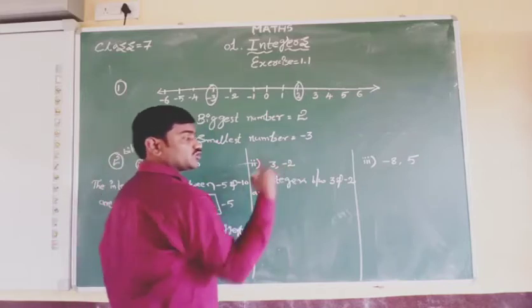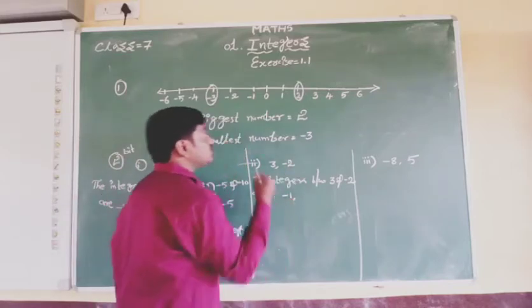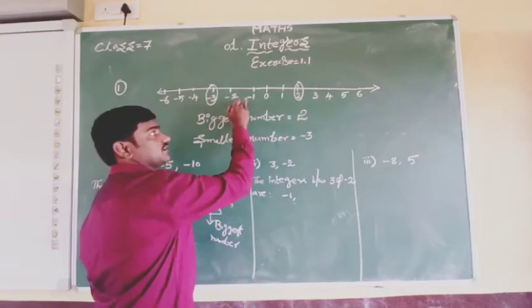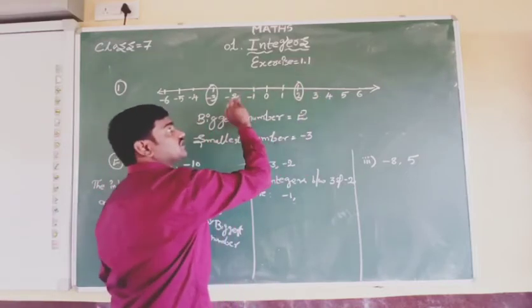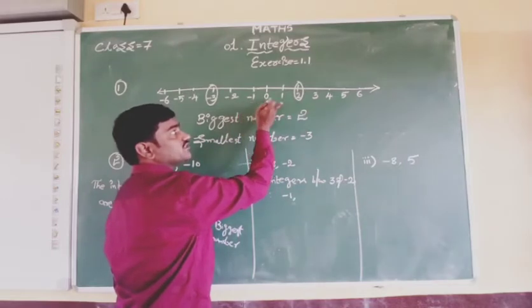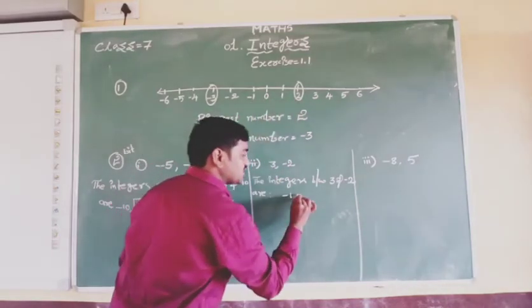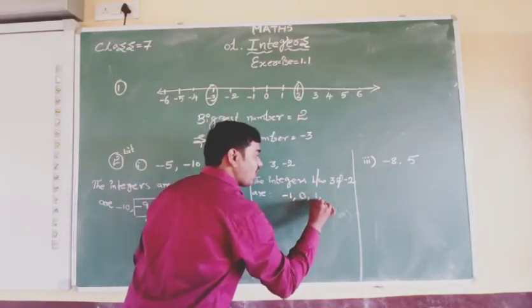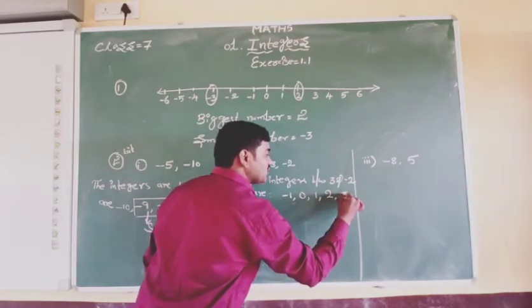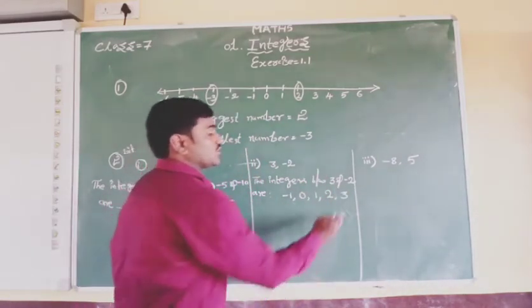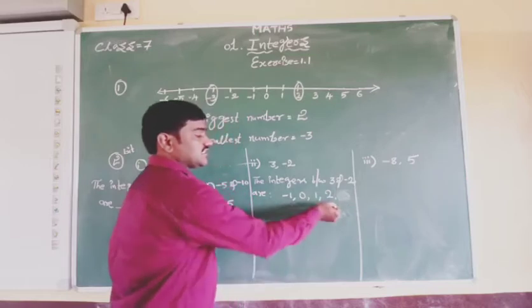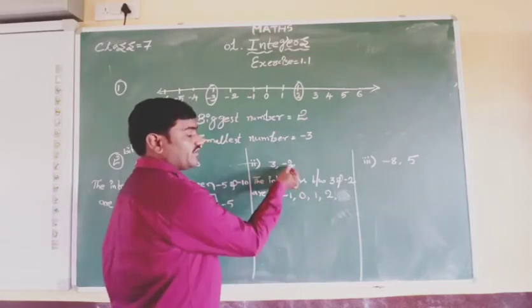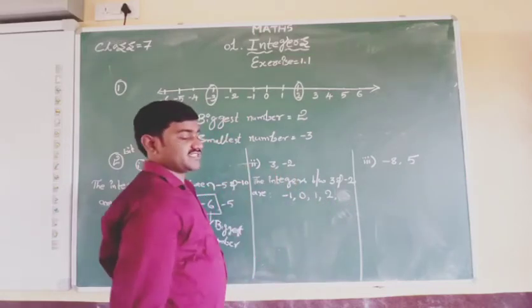Let us see. Minus 2 is here, so minus 1 will come here. Minus 2 is here, plus 3 is here. Between minus 2 and plus 3: minus 1, 0, 1 and 2. So these are the integers lying between minus 2 and plus 3.